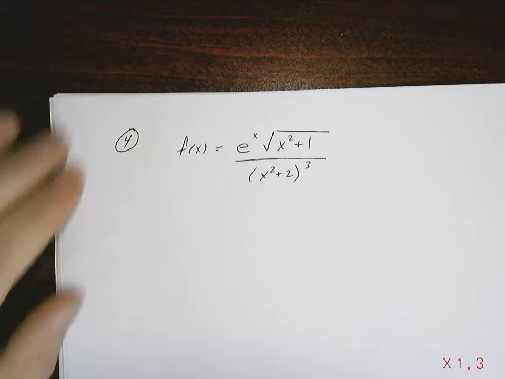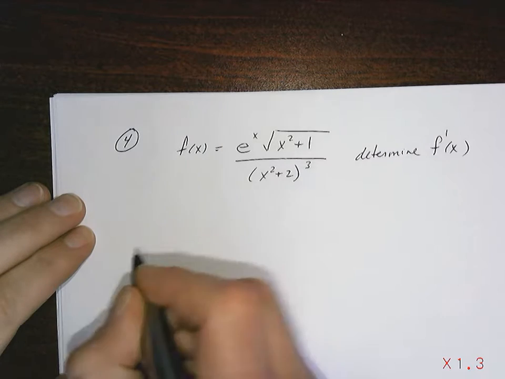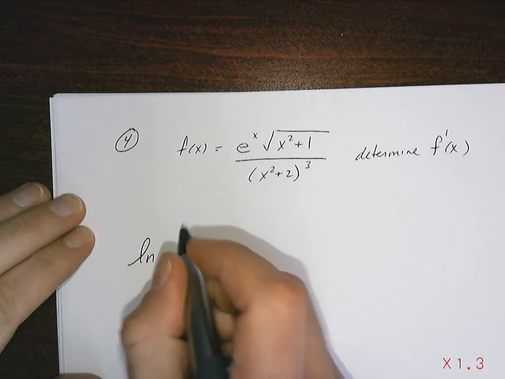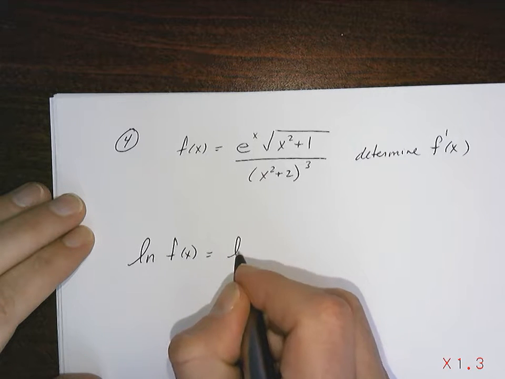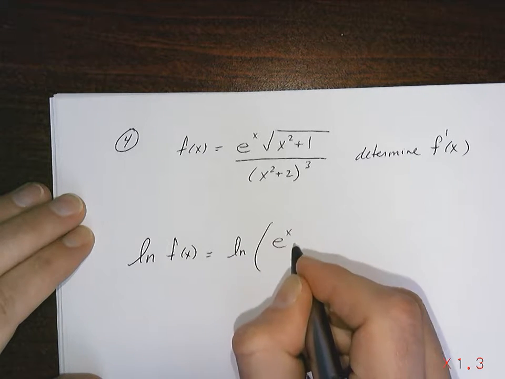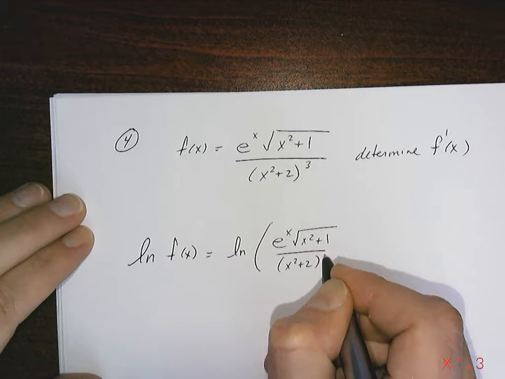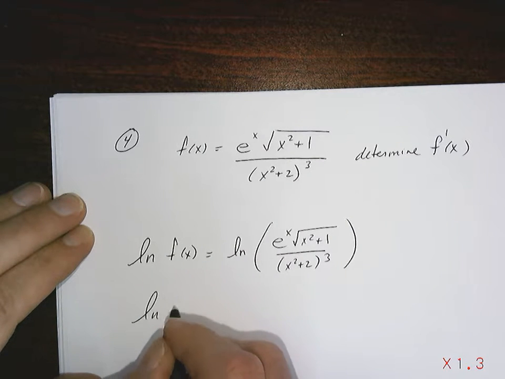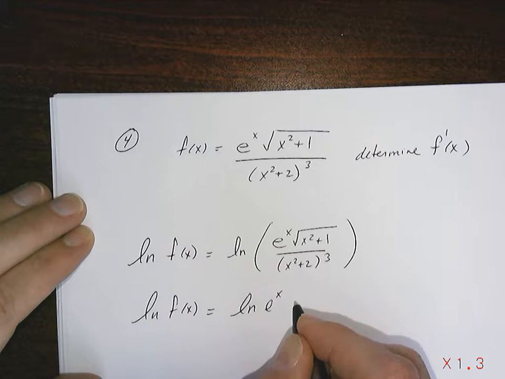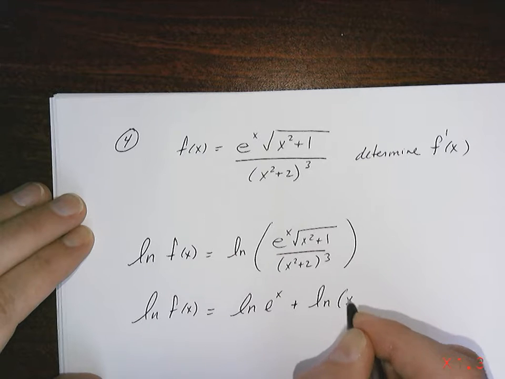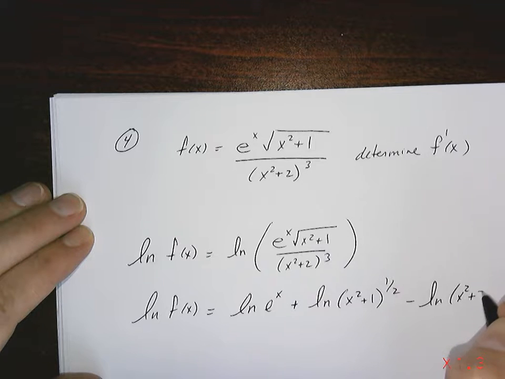However, if we take the log of both sides, and in this case, ln makes an awful lot of sense since I have a base e, this can become ln of f of x, which I can take the derivative of quite easily. This will become ln of e to the x plus ln of x squared plus 1 to the 1/2 minus ln of x squared plus 2 to the 3.